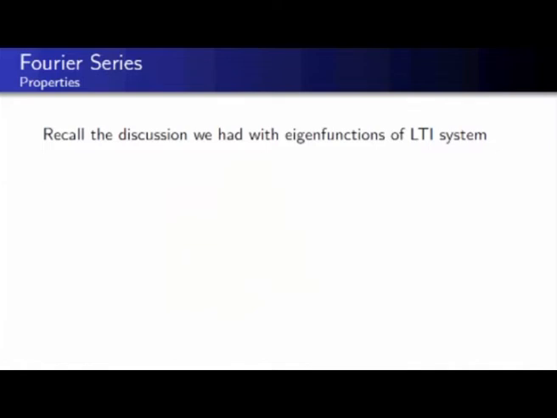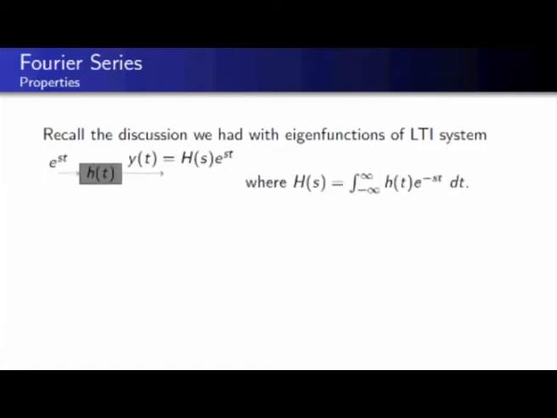Okay, my objective is to go back to LTI every time. So what is the importance of Fourier series in the context of LTI systems? Let me go back and look at the eigenfunction of LTI systems once again.